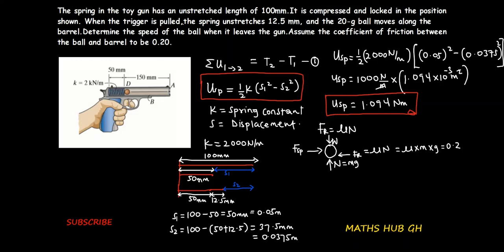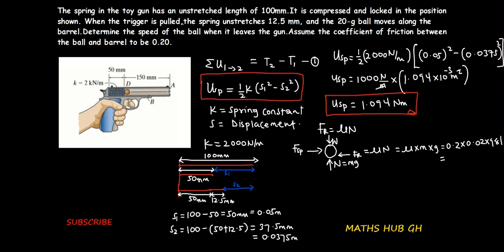So you are going to have 20 times 10 to the power minus 3, which gives us the mass to be 0.02 kilograms, times 9.81. So I'm going to have 0.2 times 0.02 times 9.81.